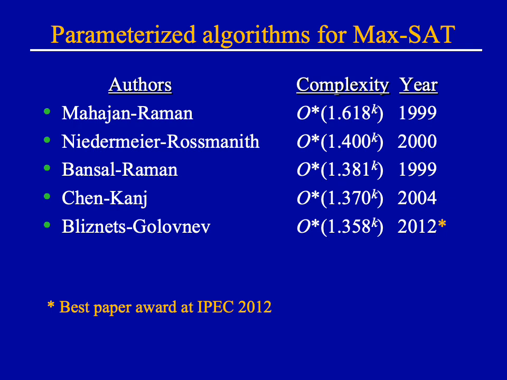So the current best algorithm for Maxset is 1.358 to the k. In fact, this result won the best paper award at IPEC, a conference in parameterized computation.